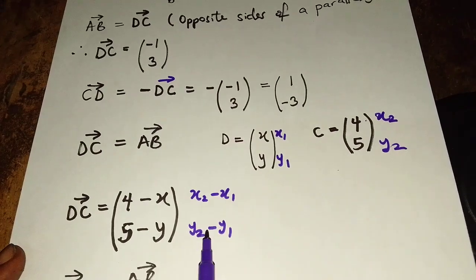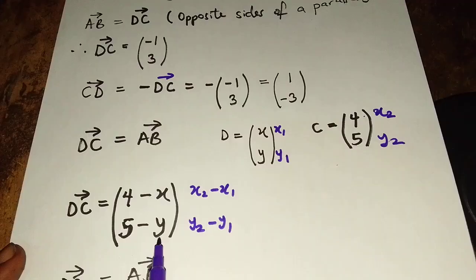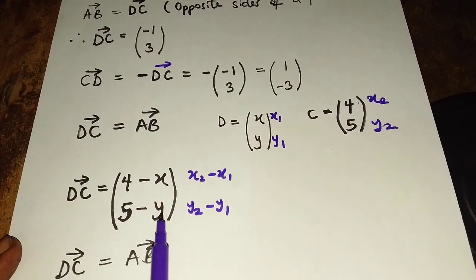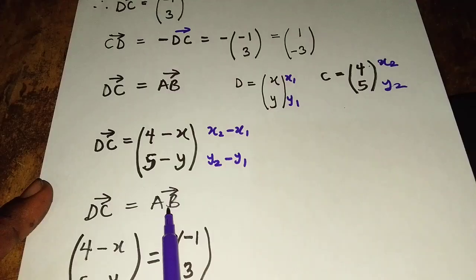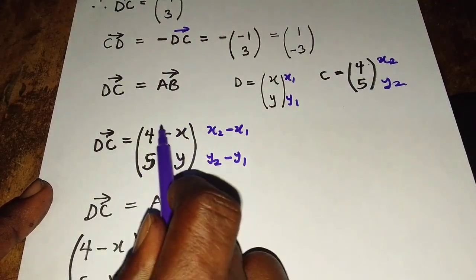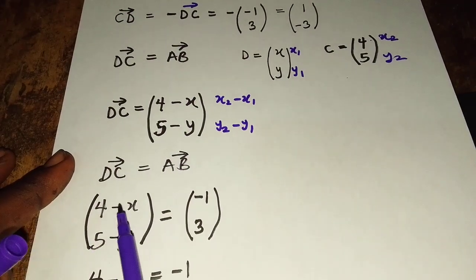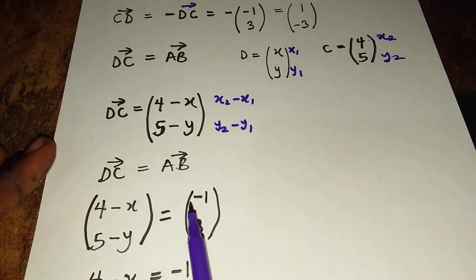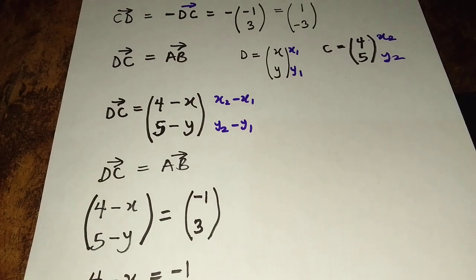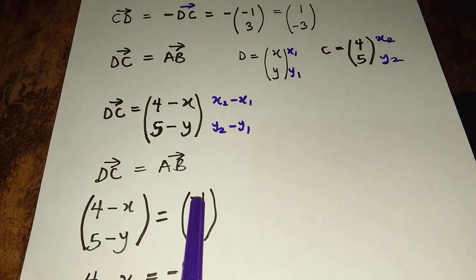So our DC, which is 4 minus x and 5 minus y, should be equal to AB, which is -1 and 3. So what you do is this: you equate the x component and you equate the y component.